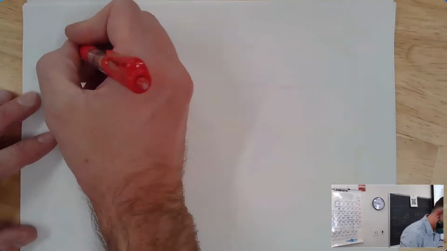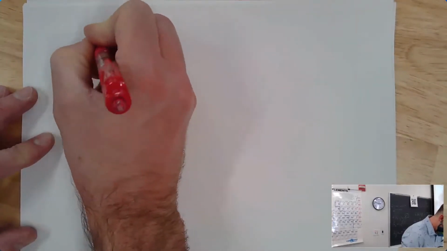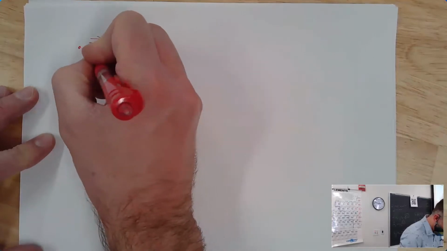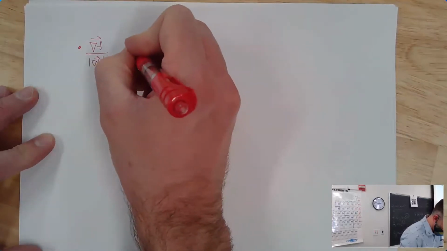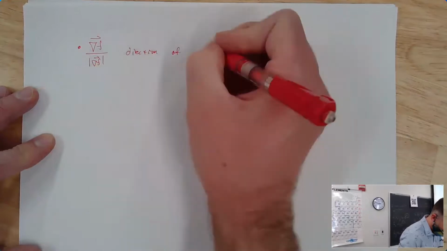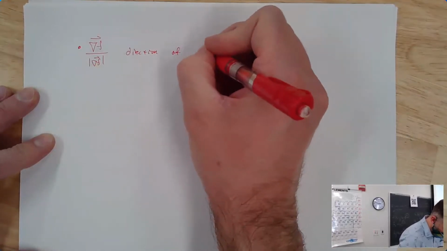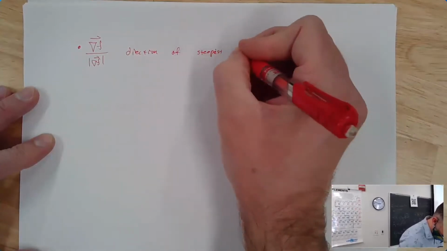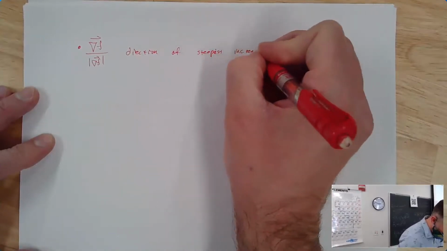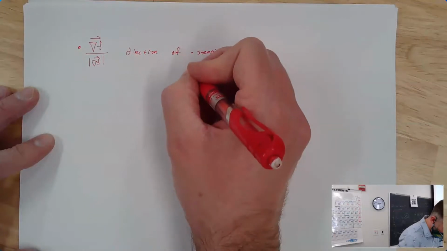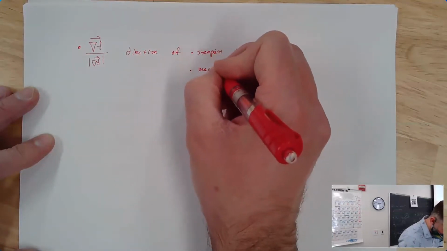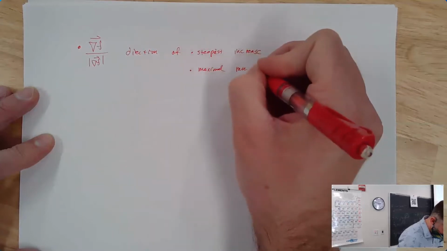I'm just going to repeat myself one more time because I think it's important. Gradient divided by its magnitude, direction of steepest increase. Wow, that's not how you spell steepest. Or if you prefer, direction of maximal rate of change.